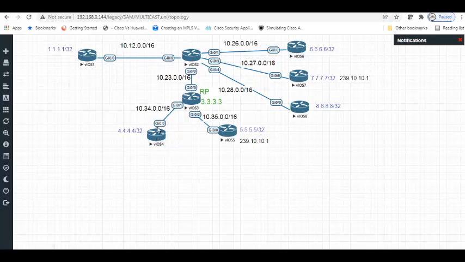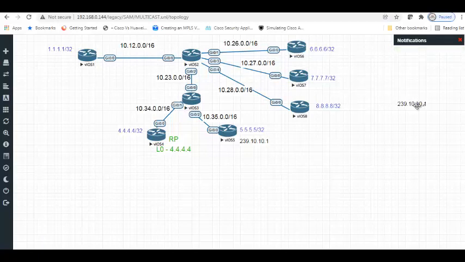What is the job of RP? Let's do one thing. We'll make R4 the RP. What is the job of the rendezvous point? That's the mediator, meaning if anyone in this topology joins any multicast group.